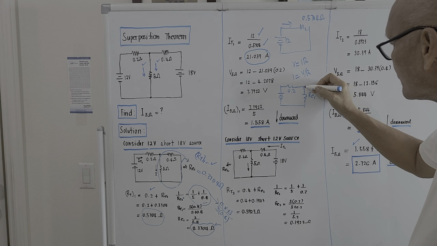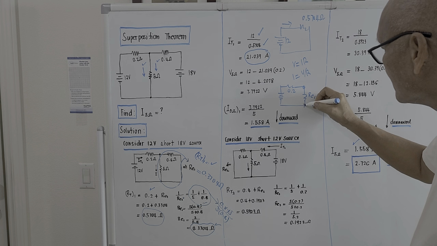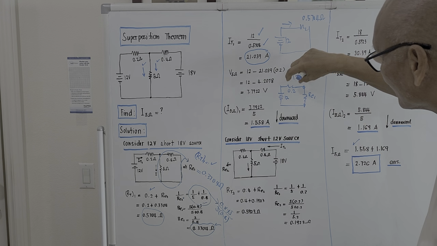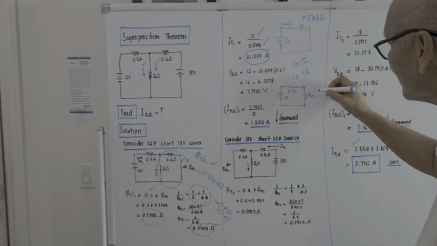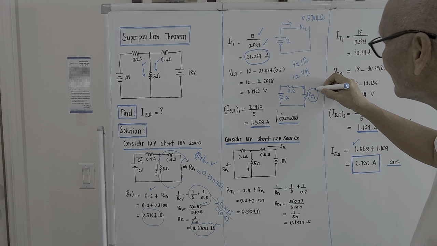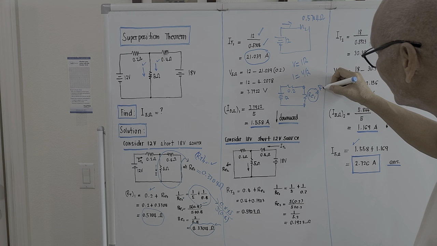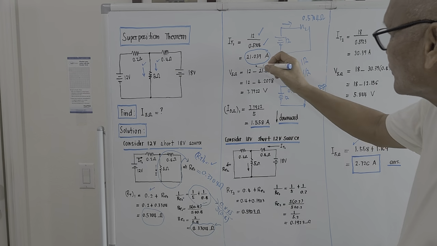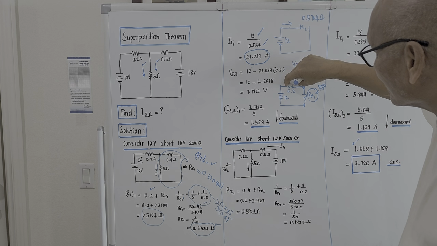If we try to compute for the current passing or the voltage across this, it should be 12 volts minus the voltage drop here. So I place it here, the voltage across RE1. Or this is across the 5 ohm, it should be 12 volts minus the voltage drop here.